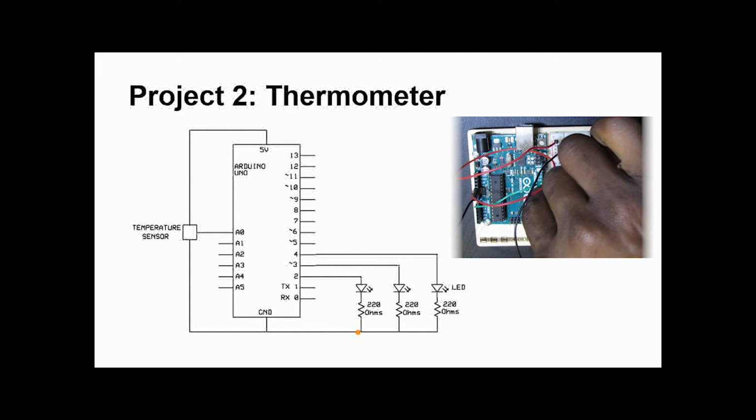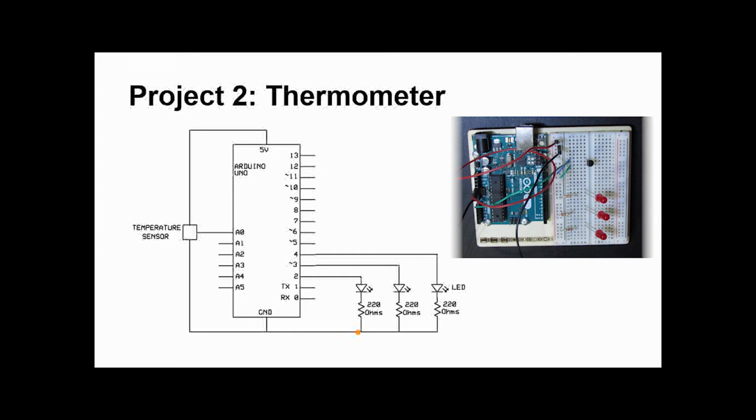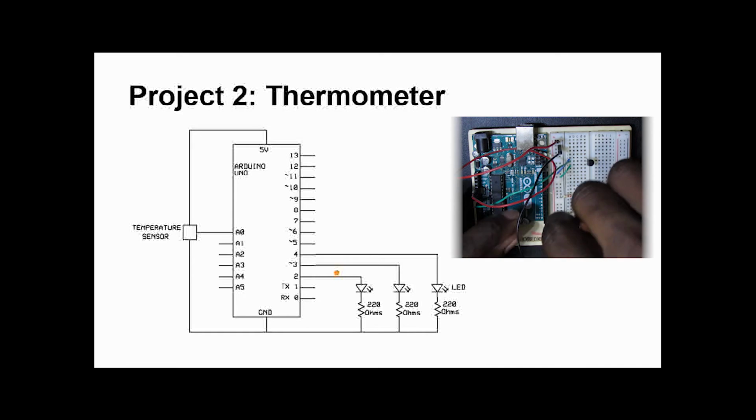And then the anode side on our LEDs, if you look here in the schematic, one of them is going to pin 2. So we'll use this one. It's pin 2.